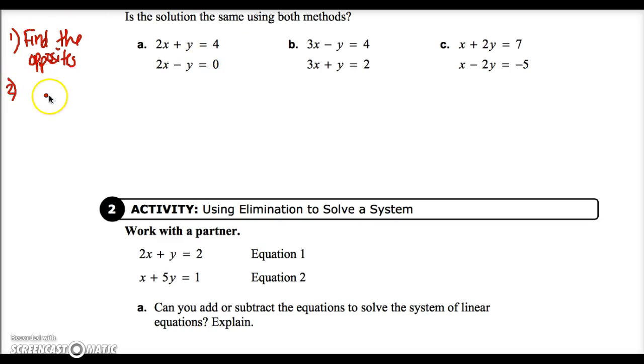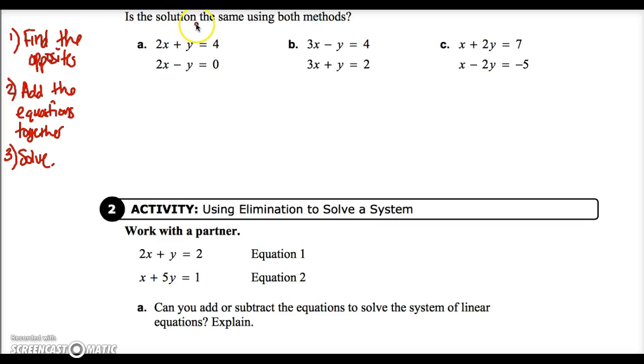If they do, then all you're going to do is add the equations together. And then we solve. So we're just going to follow those 3 steps.